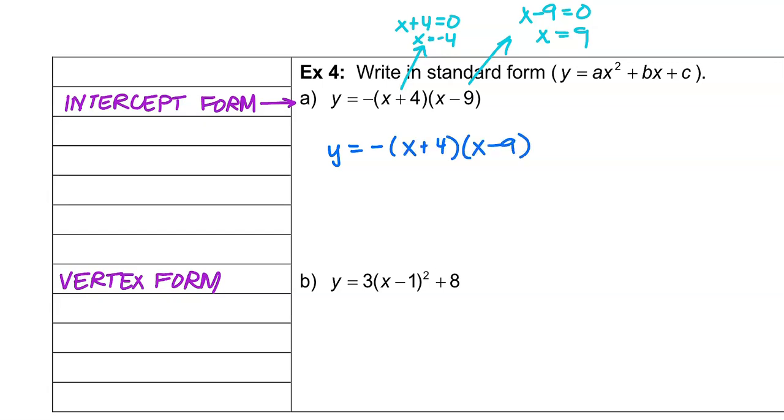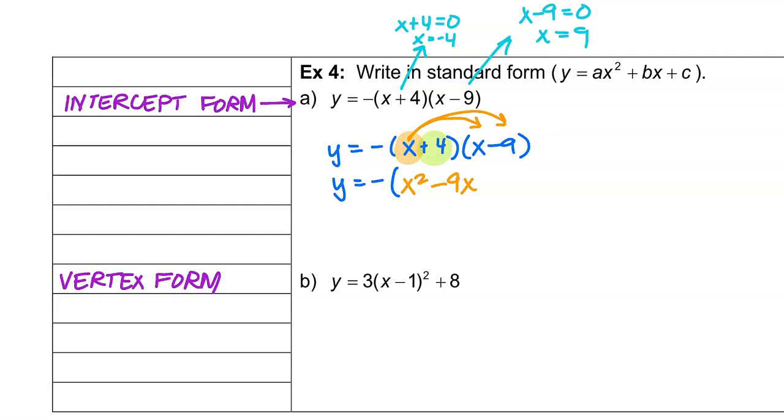So distributing it all out. So I'll have y is equal to the negative of, so I'll take the x here first, distribute that through. So x times x is x squared. And then x times minus 9 is minus 9x.